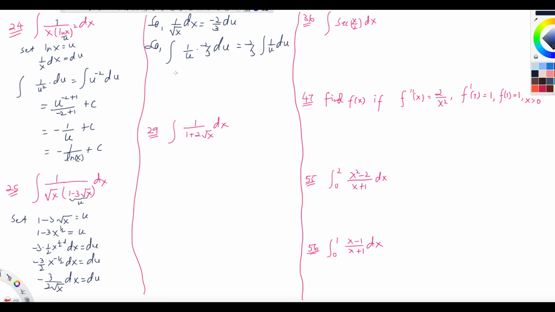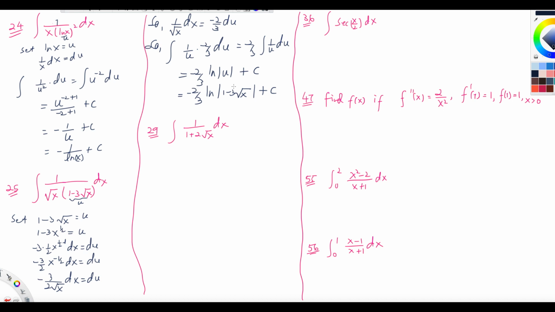You see that? So negative 2/3 is the same. What is the integral of 1 over u du? That is natural log of u plus c, right? Now plug back in the value of u, 1 minus 3 root x. That will be negative 2/3 natural log of 1 minus 3 root x, and then plus c. That is the final answer.